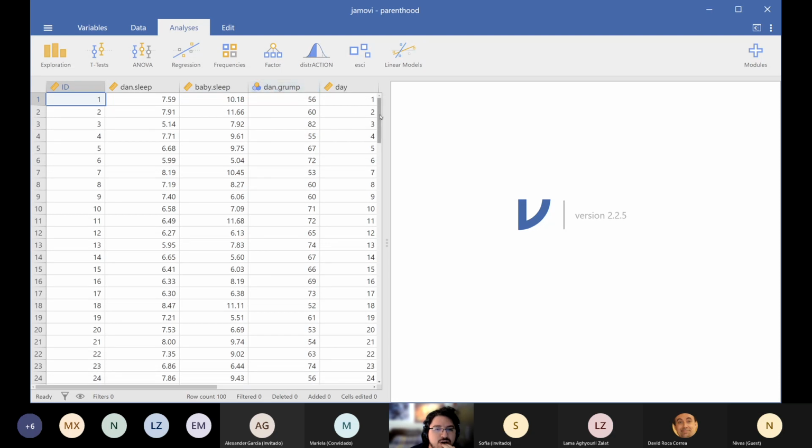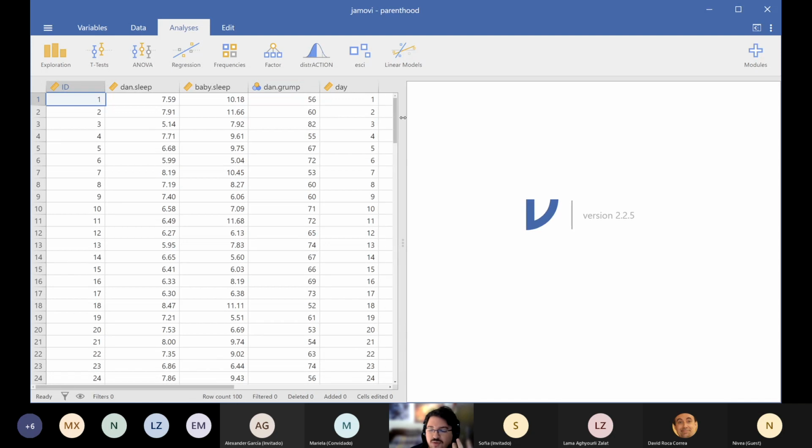Okay, so if you were able to open this dataset, you're welcome to perform this regression analysis to explore the relationships within these variables. And you're welcome to ask questions, of course.